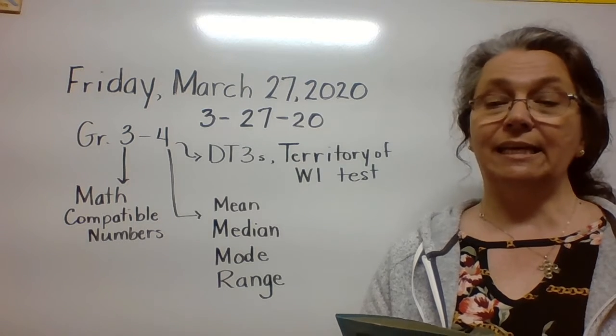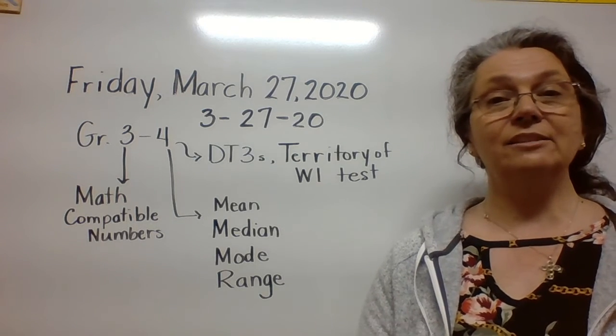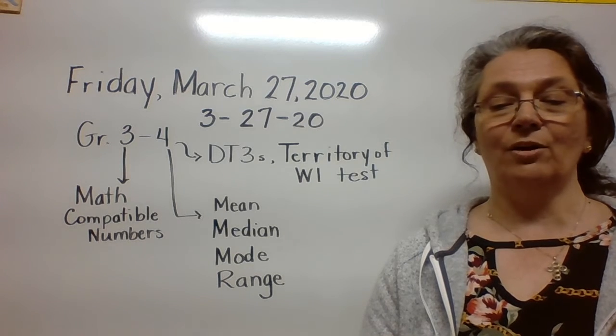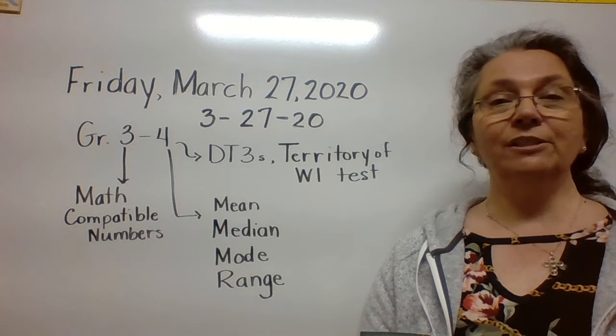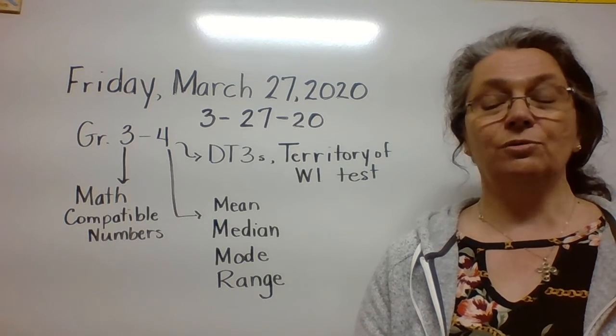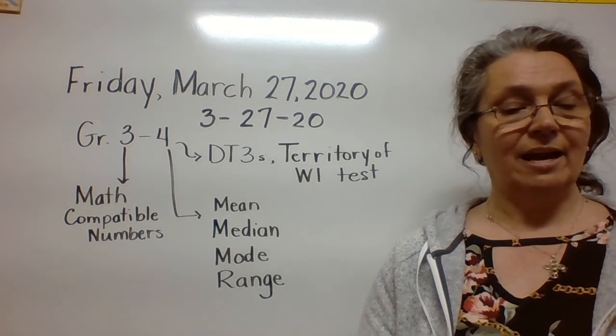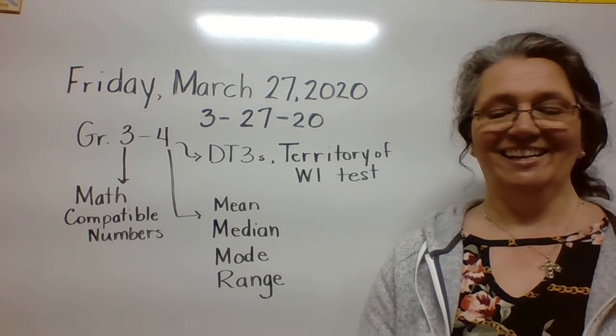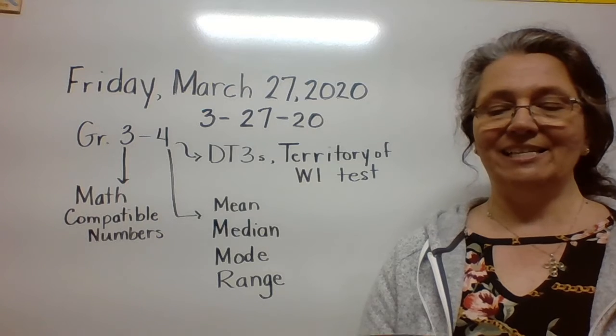Number 5 across, the important body of national laws that run our federal government and were used as a model for our state government, and that is Constitution. The first territorial governor, number 7 across, was Dodge. And number 9, the capital of Wisconsin, you better have that one right, Madison.